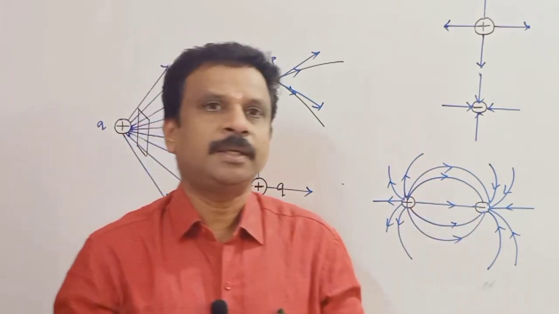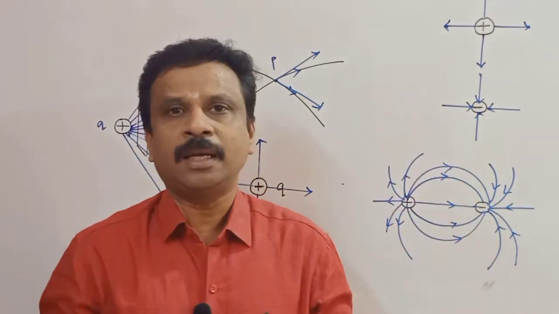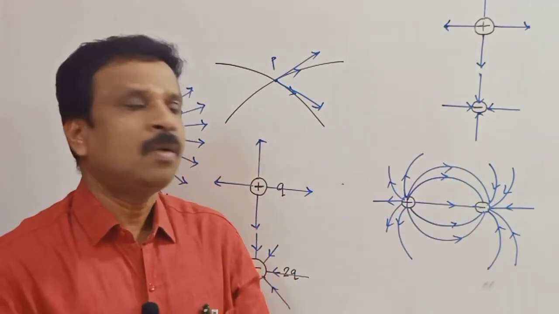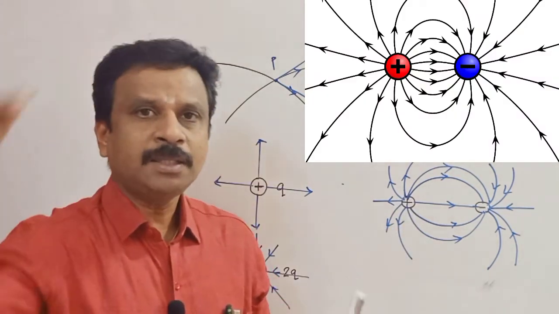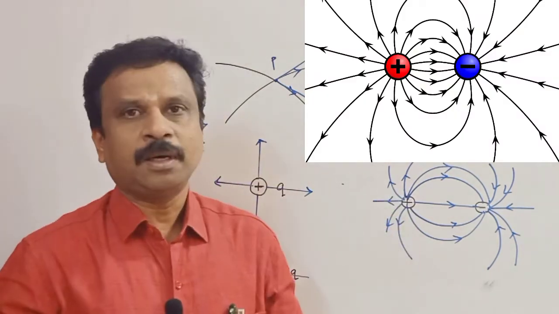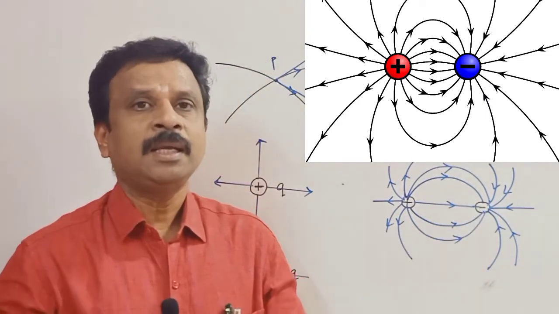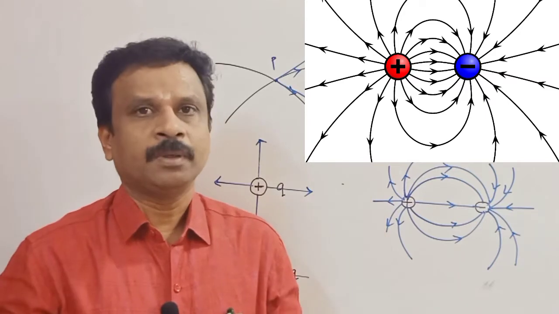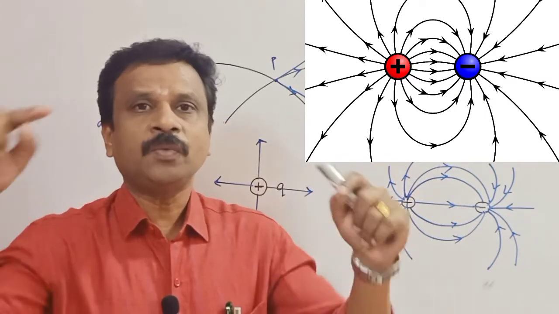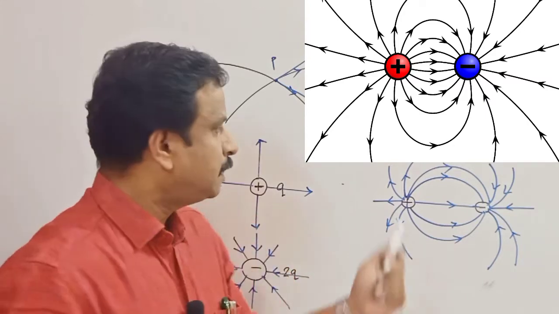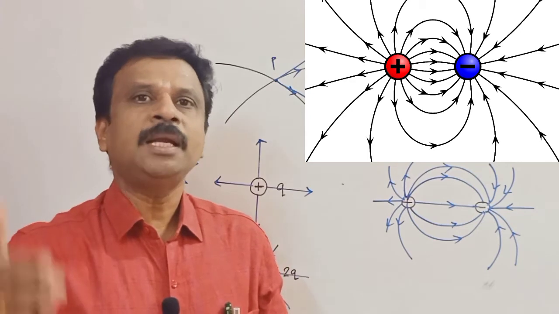This is the first point, and now the second point. If we have a positive charge and a negative charge side by side, what happens here? The electric field lines originate from the positive charge and terminate at the negative charge. You understand, it does not form a loop. In magnetic field lines, we will see the magnetic field lines form loops, whereas the electric field lines originate from the positive charge and terminate at the negative charge.